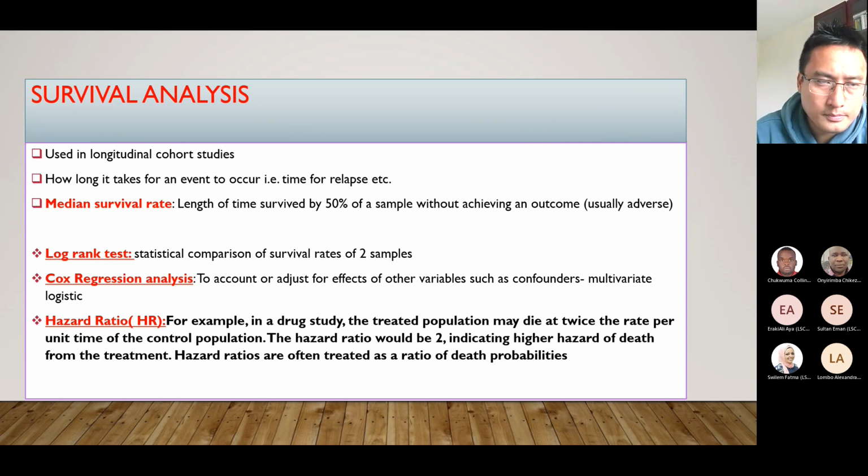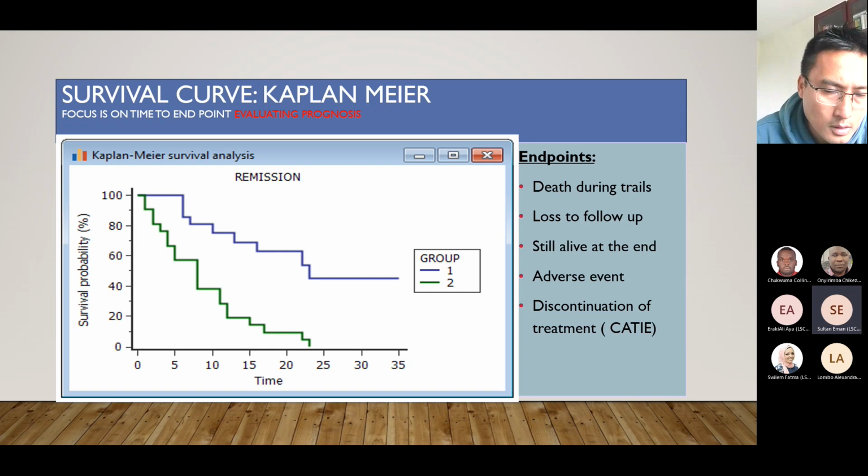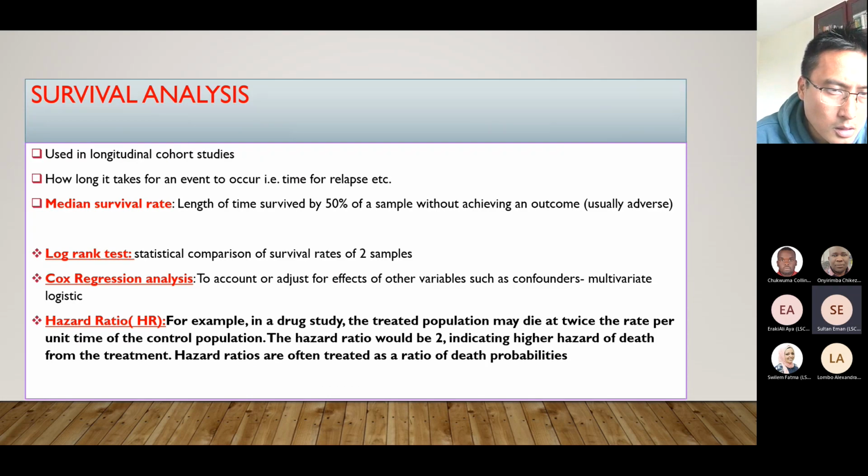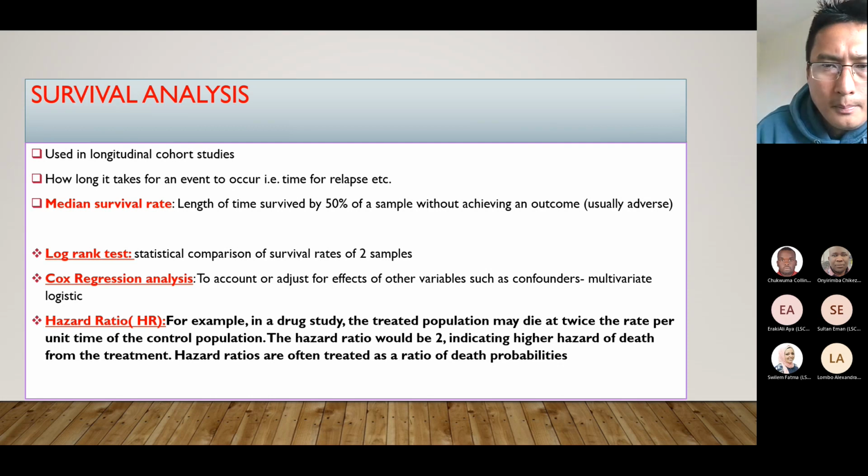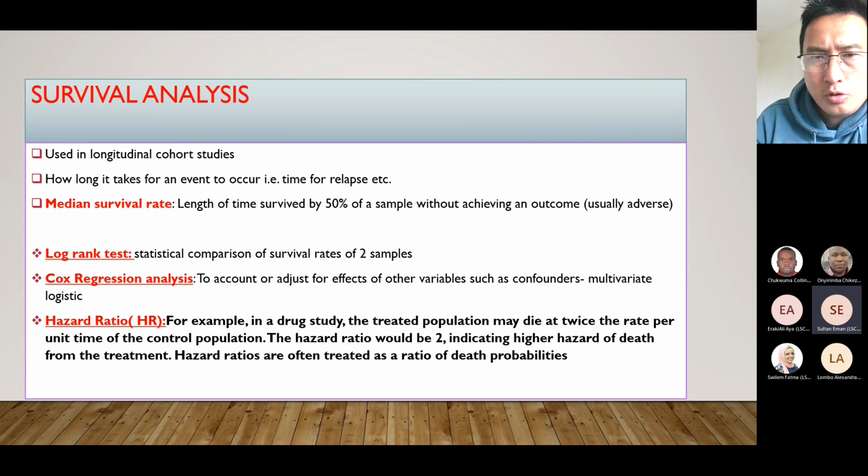Is there any difference in the shape of the graph for the log rank test, Cox regression and hazard ratio, or is it the same as the survival analysis curve? It is the same shape of the graph.